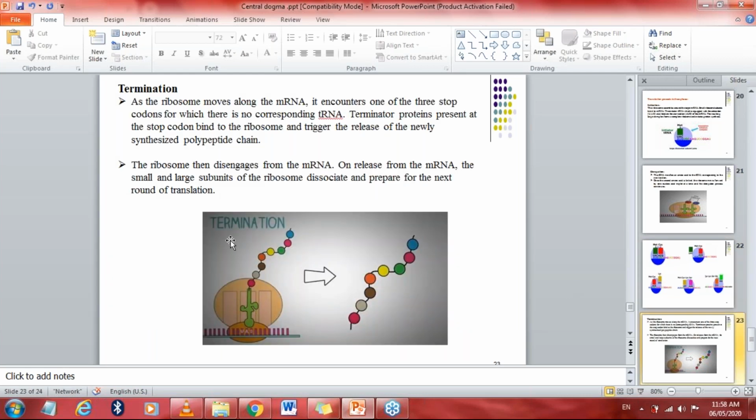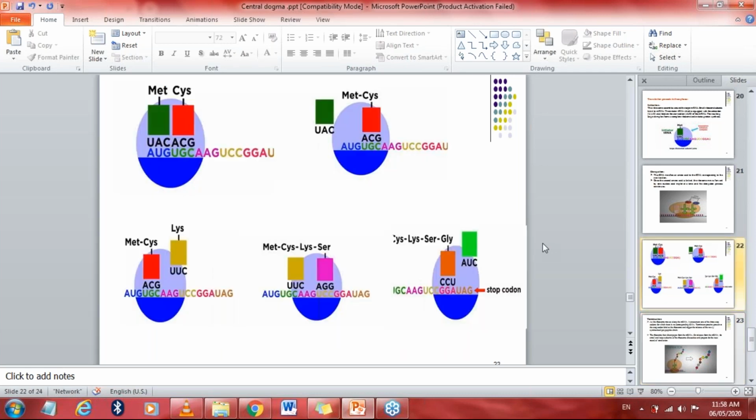Now the termination is when this happens. A new tRNA is coming and the process is continuing. But when the tRNA reads our stop codon, as I told you, the stop codons are UGA, UAG, UAA, and UGA, what will happen?